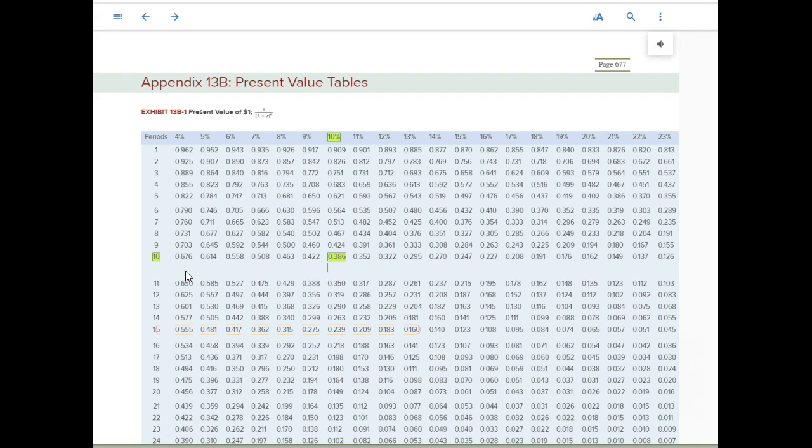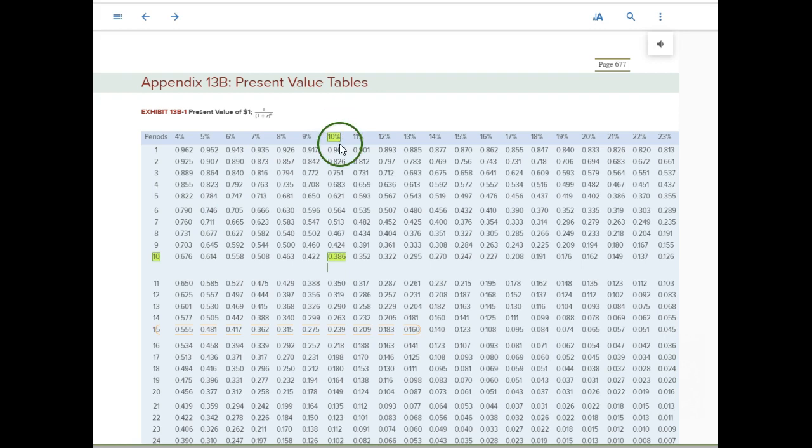So that $1 in the future, 10 years from now, at a discount rate or interest rate of 10%, what is that worth in today's money? And another way to say it is, how much would you have to put in the savings account today where you could earn 10% compounded annually for 10 years and have $1 at the end of that 10-year period? How much would you put in that account today?